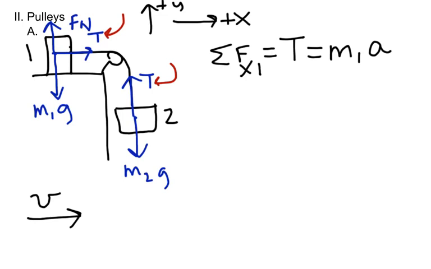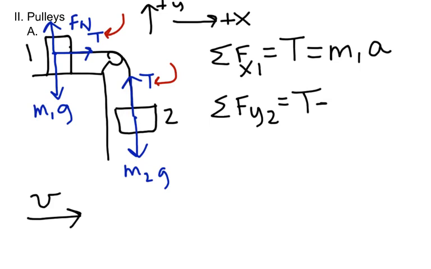Let's go ahead now and sum up the forces in the y direction for object 2. There are only forces in the y direction on object 2, so we will not be summing up forces in the x direction on object 2. In the y direction, again, we have a force of tension which is acting up, so that's positive.